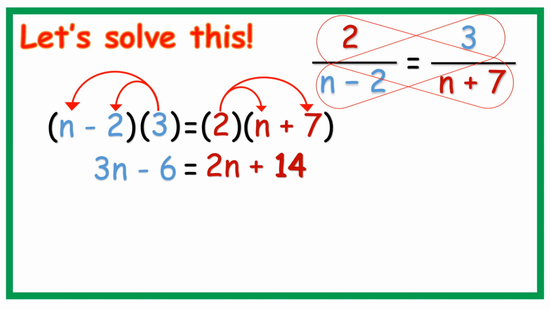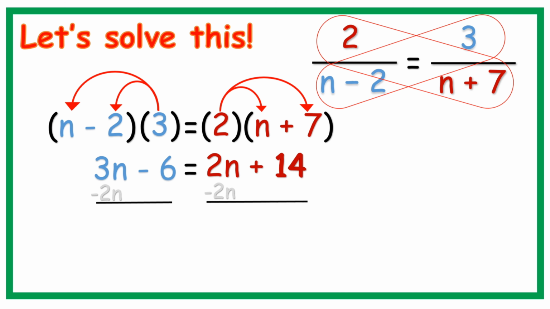Just like that. But we're not yet done. We need to combine like terms. And how are we going to do that? By adding negative 2n on both sides. See? Just like that.